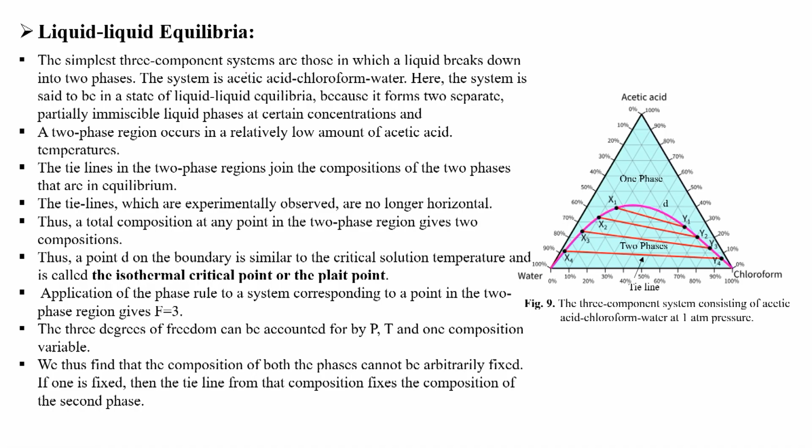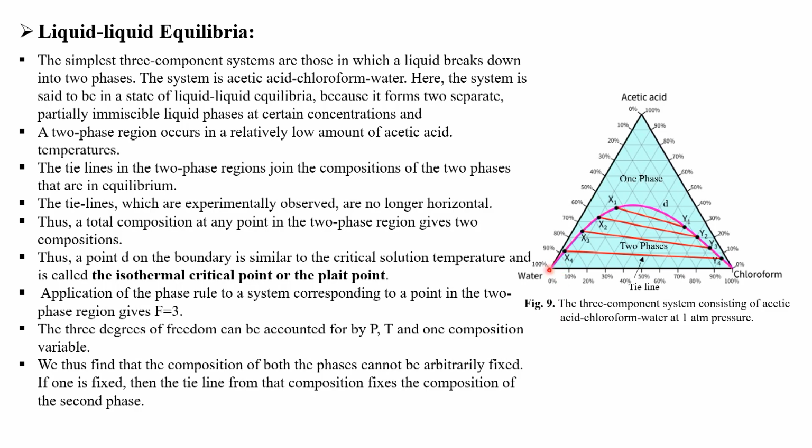The simplest three-component systems are those in which a liquid breaks down into two phases. The system is acetic acid, chloroform, water. Here the system is said to be in a state of liquid equilibria because it forms two separate, partially immiscible liquid phases at certain concentrations.